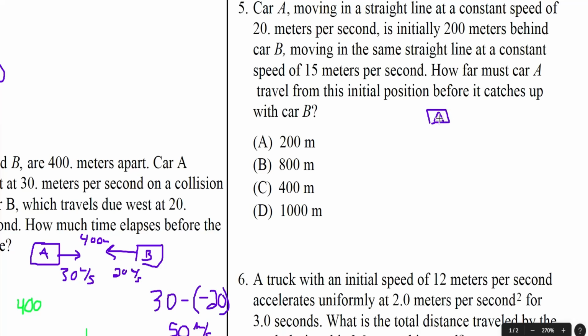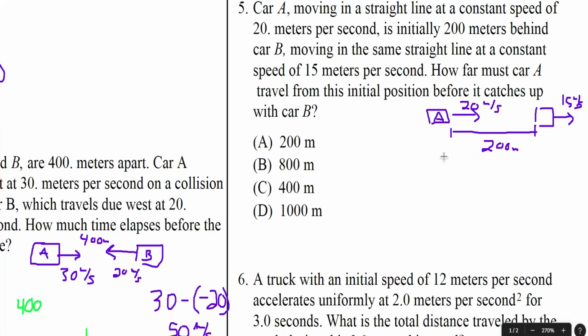Car A is traveling at 20 meters per second, and then car B is moving in the same direction, but with a speed of 15 meters per second, and they are separated by a distance of 200 meters. This time they want us to figure out how far car A has to travel in order to catch up.